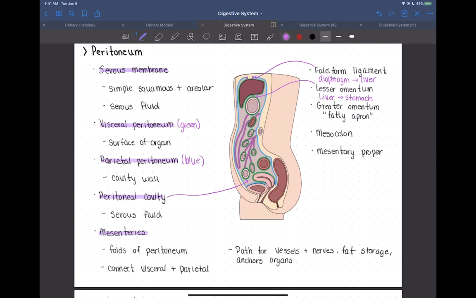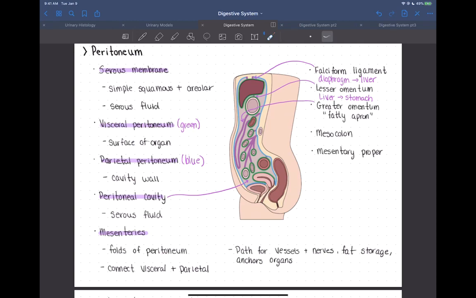I'm not crossing lines later. So that's the greater omentum. Also called the fatty apron because, like I said, a lot of fat will tend to deposit in this mesentery here. It folds over in front of the mass of small intestines like an apron, hanging down the front. So it's called the fatty apron.